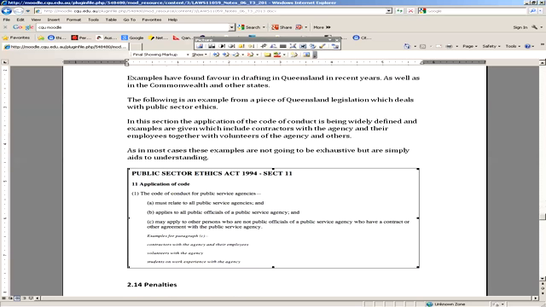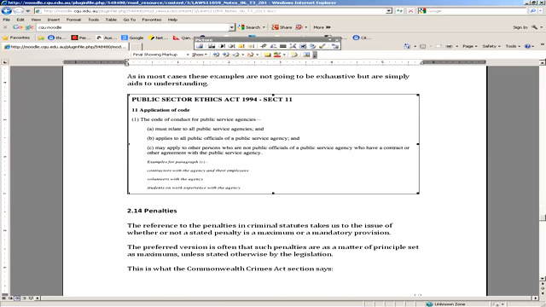And subparagraph C may apply to other persons who are not public officials of a public service agency, who have a contract or other agreement with the public service agency. So it's helping us to interpret what is the intention of this paragraph here. What's it meant to focus upon?